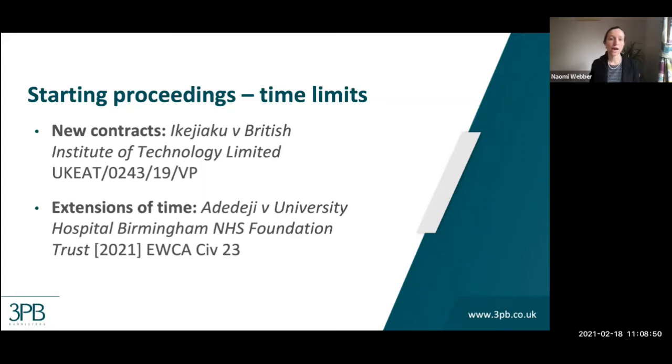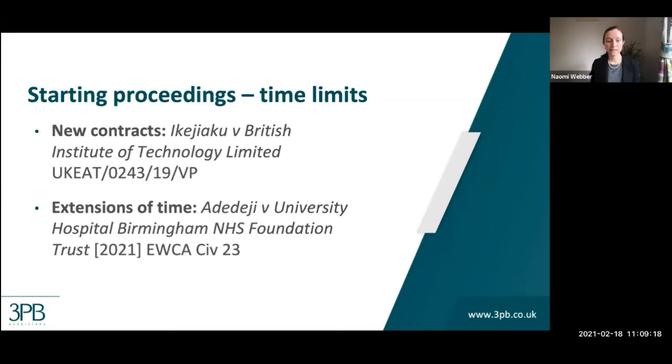The contract was imposed in March 2016, but the claimant didn't put in a claim until July 2017. Of course, therefore, on the face of it, it appeared as though that claim was out of time. The claimant sought to argue that the new contract was an ongoing act and therefore the claim was in fact in time.